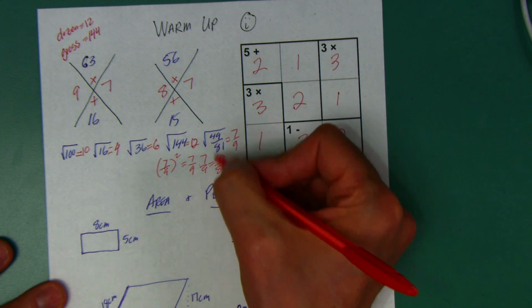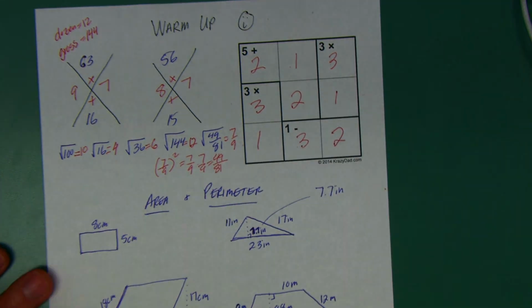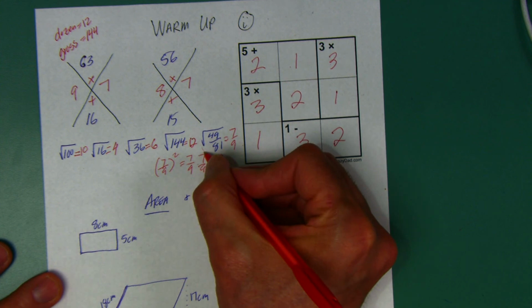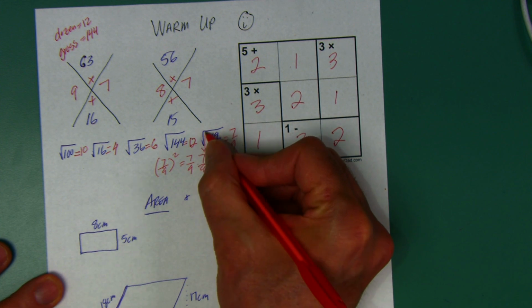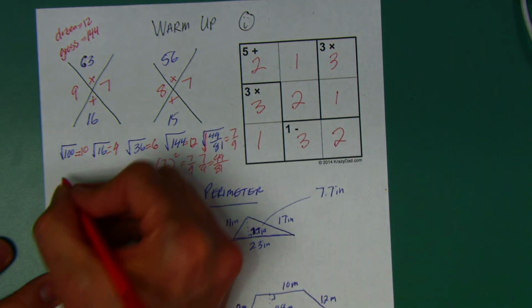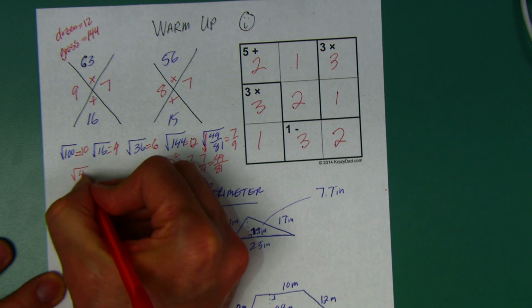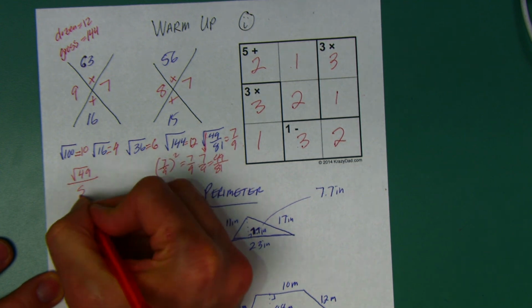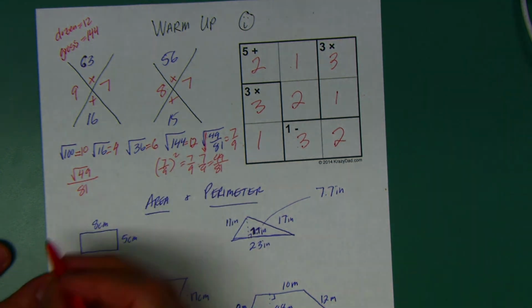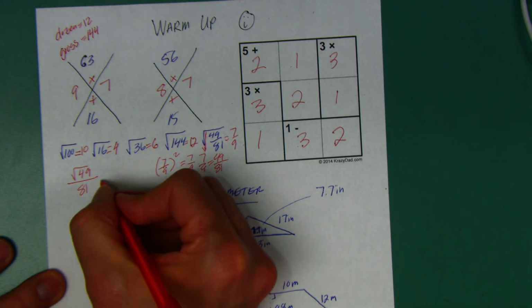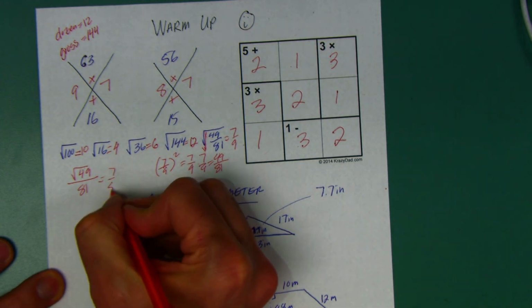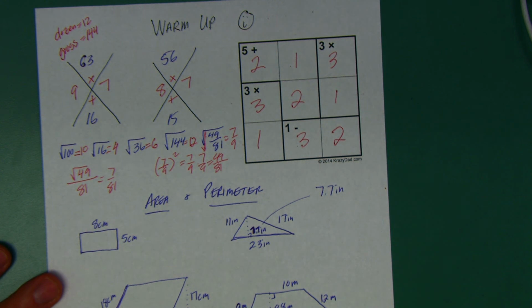So the square root of 49 over 81 is 7 ninths. Now, really, I should have drawn that a little bit better. Make sure that you knew it came down here and included the 81, because you could have a problem like this where you're not doing anything to the 81, and your answer to that would be 7 81s.